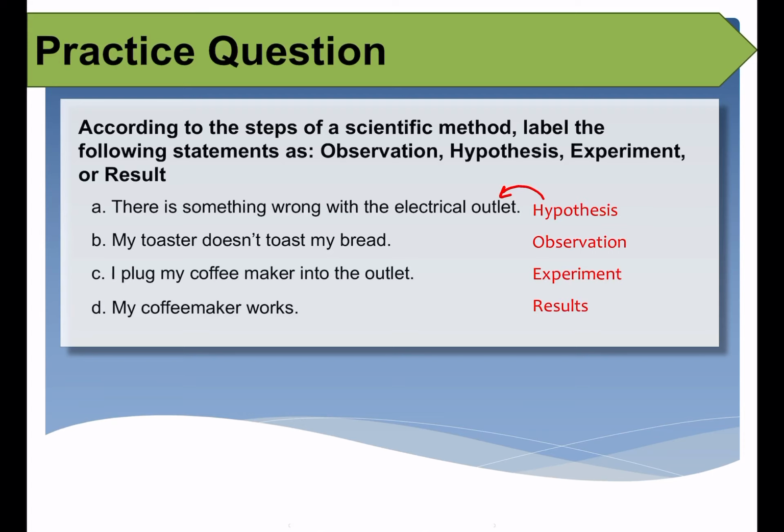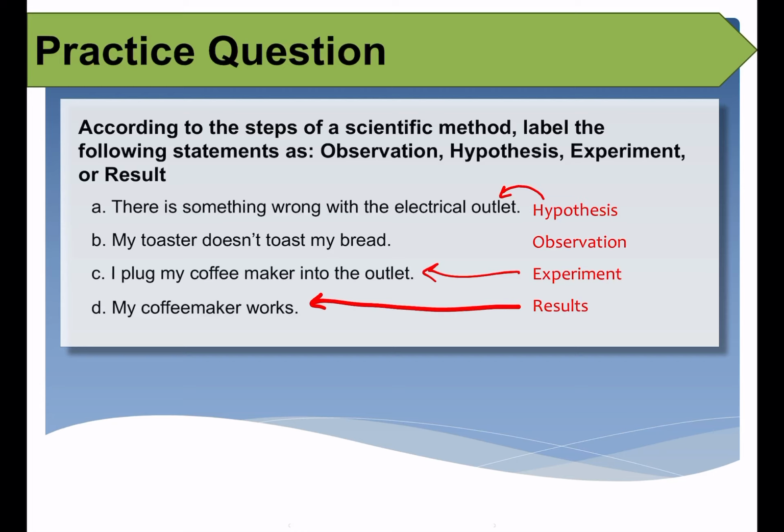So in order to test my electrical outlet, you grab another appliance and plug it in and see if it works. So that is your experiment. Plug in something else, which is the coffee maker in this case. And the result that you observe is that my coffee maker works when it is plugged into the electrical outlet.